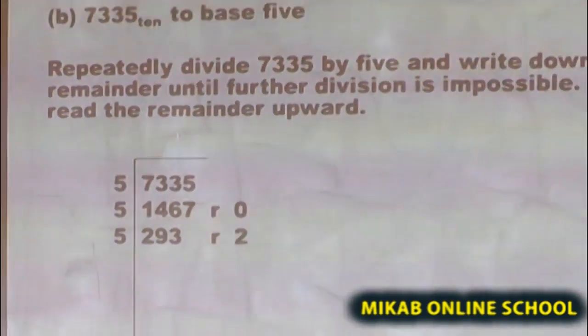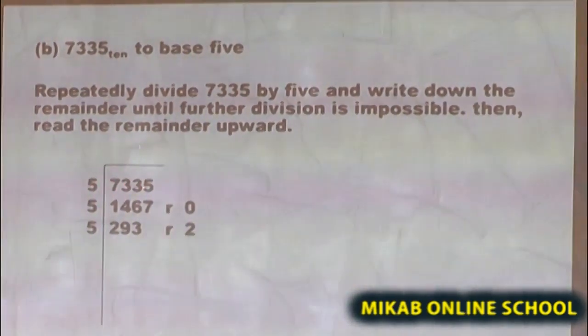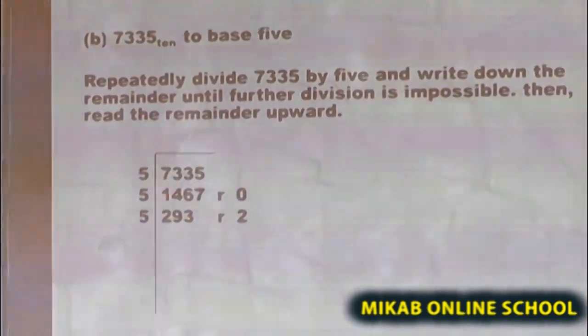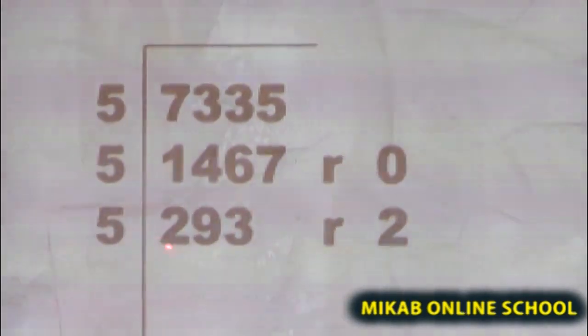We will still have to write that, because in bases the digit 0 is a marker a lot. We are not going to ignore that. So I'll write my 0. Then 5 will divide 1467 again. 5 in 1467, I will have 293, and this time we have a remainder of 2.